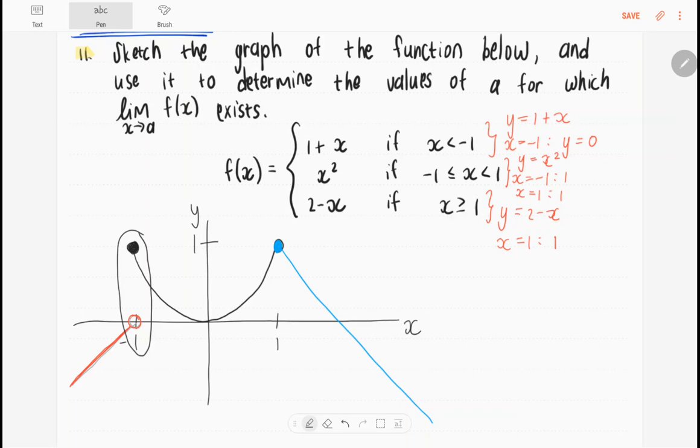So our left limit will be 0, and our right limit will be 1. So our left and right limits do not equal each other, and therefore the limit does not exist when a equals minus 1. So the limit exists for all a except when a equals minus 1.